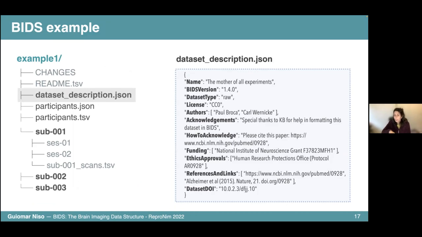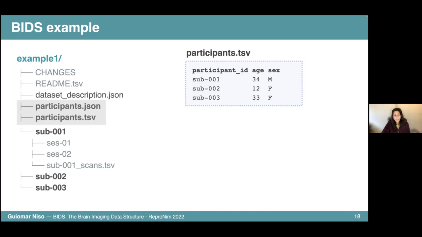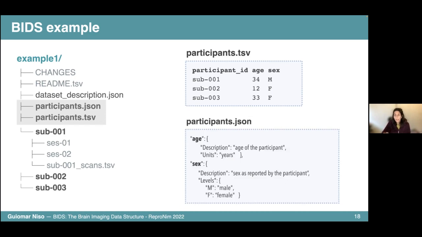There are different fields like name, BIDS version, acknowledgements, funding, or dataset DOI if it has one. And if we go to the participants, we'll have a TSV with the participant ID, age, and sex, and the associated JSON file, which describes each of the categories.